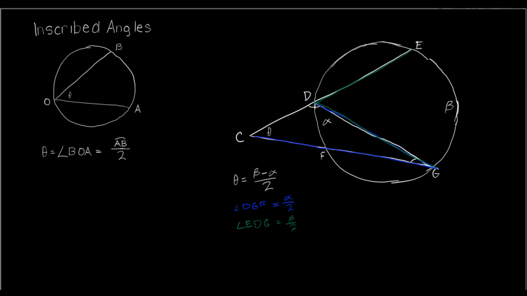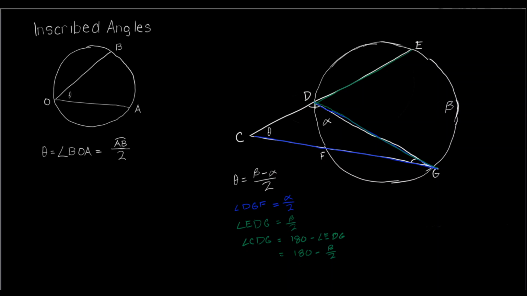And furthermore, we see that angle CDG is equal to 180 degrees minus angle EDG. So therefore, it's equal to 180 degrees minus beta over 2.